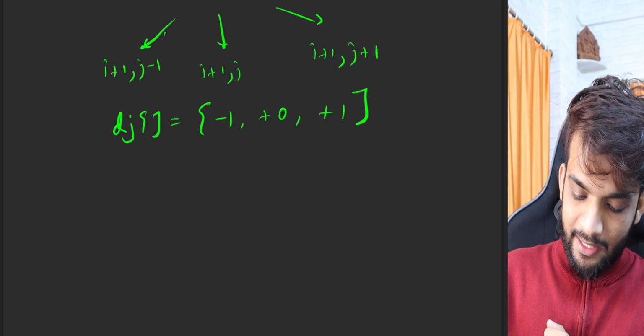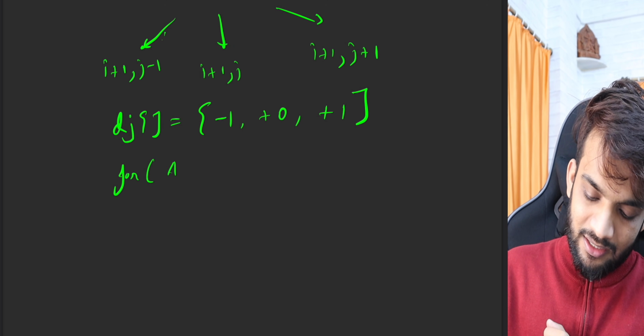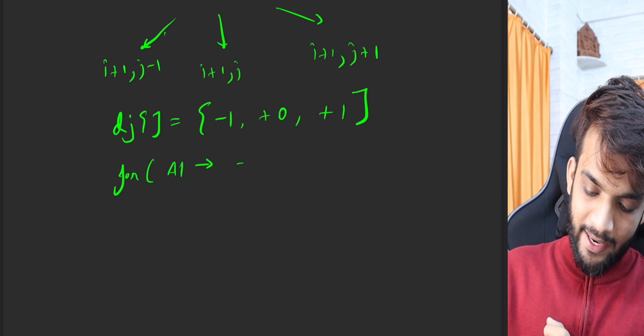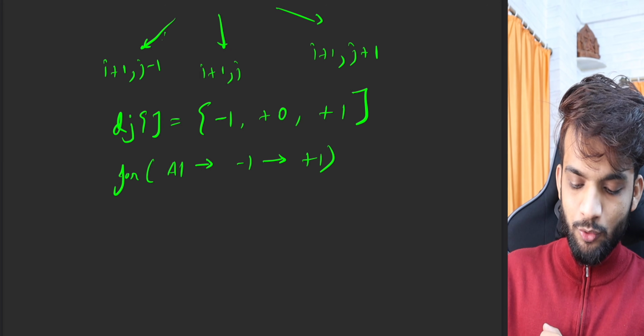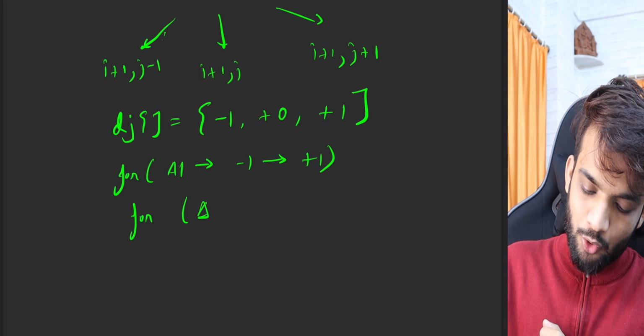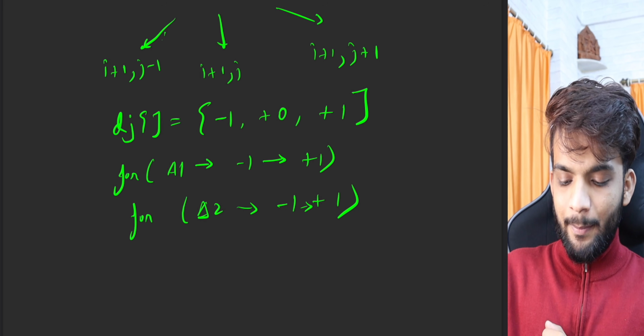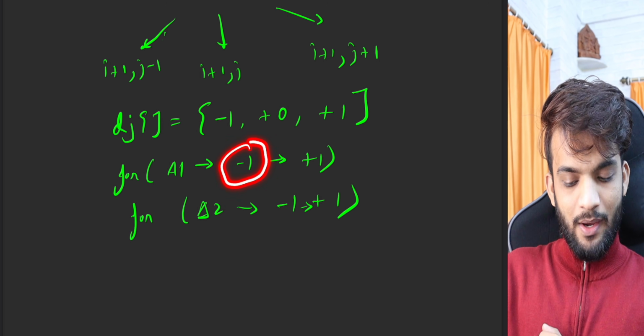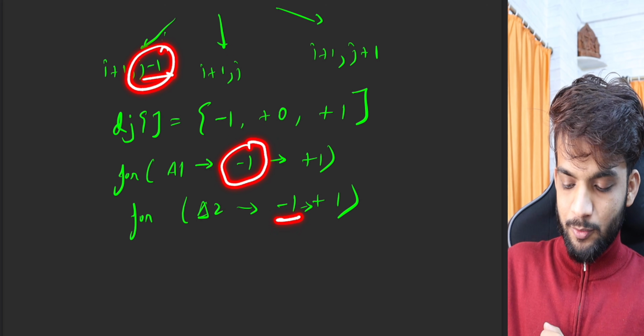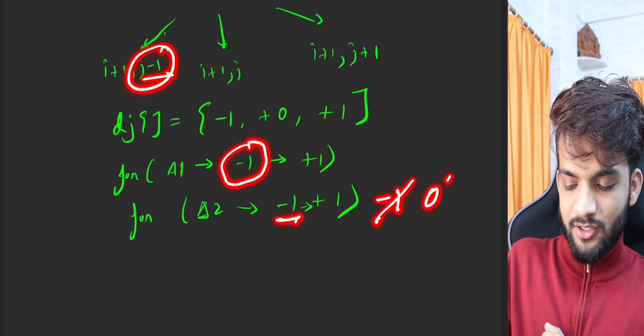Thereby, can I write it something like this? Delta 1 from minus 1 to plus 1. That's the first loop. Next loop will be delta 2 from minus 1 to plus 1. So first time whenever delta 1 is minus 1, delta 2 assumes minus 1, then it assumes 0, then it assumes 1.